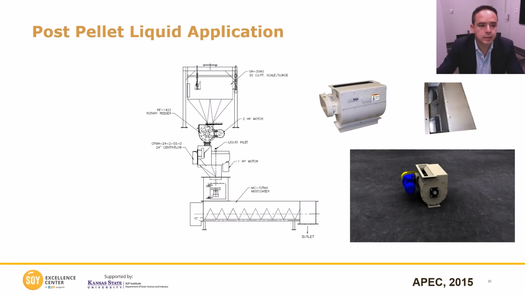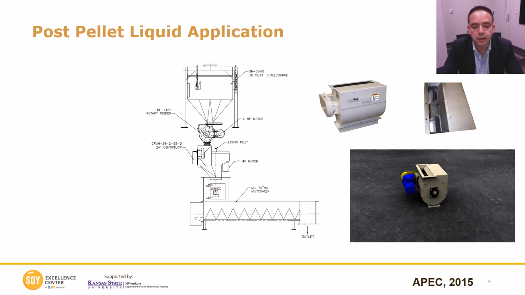So here you can see some examples of post-pellet liquid application systems, and what you can see here is the surge. Then here you got the feeder. The motor is going to have a VFD, so this feeder can move faster or slower. Then here you got the scale, and the scale is what is going to be weighing the dry product, and depending on the amount of dry product that is going through the scale, the system knows how much liquid it needs to apply into the spinning disc.